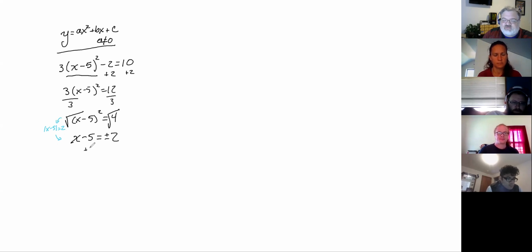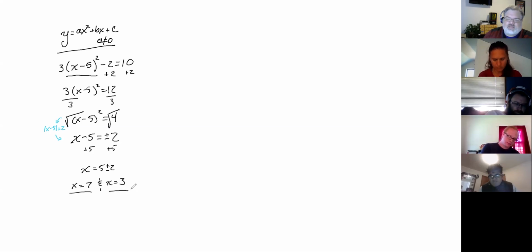And then we could finish it off. Add the 5, add the 5. We get x equals 5 plus or minus 2. So x is equal to 7 and x is equal to 3. Questions about solving a quadratic that way?